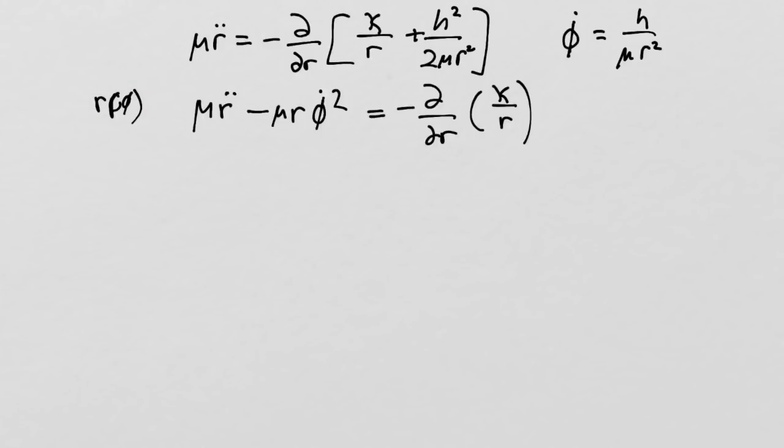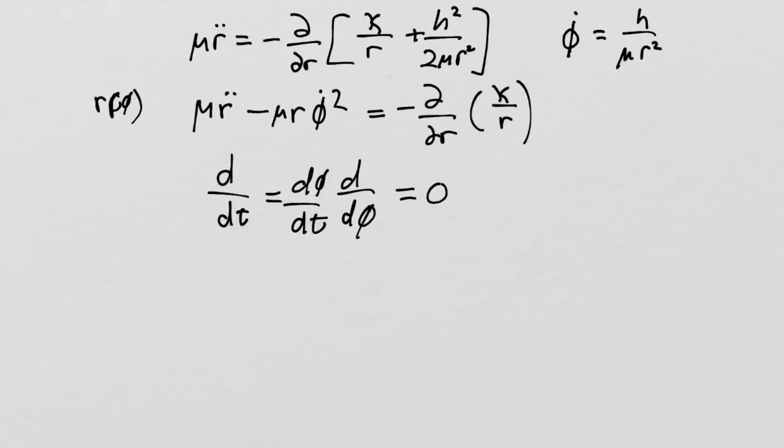And the first is to understand the nature of these dots, these are time derivatives with respect to time, right? So the total derivative with respect to time is always going to be the total derivative with respect to phi times the derivative of phi with respect to time. So that's going to equal phi dot d by d phi.